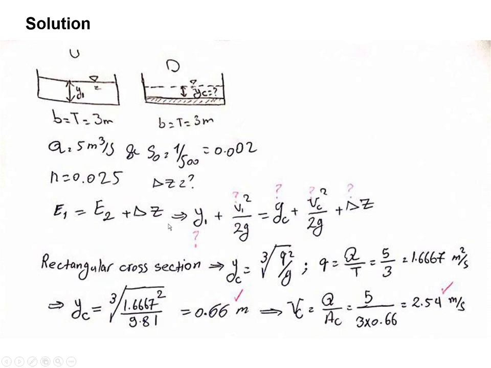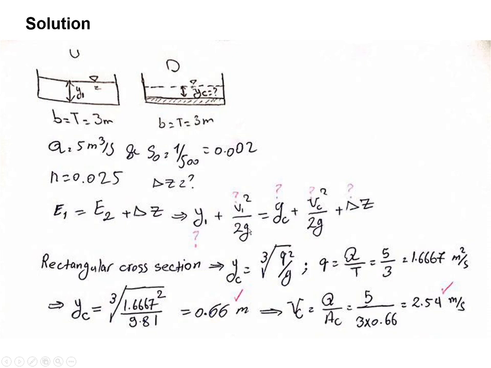And when we write each term based on the flow depth and velocity, we know that at the second section the elevation is yc. As I mentioned in the previous example, instead of y2 and v2 we can use yc and vc.